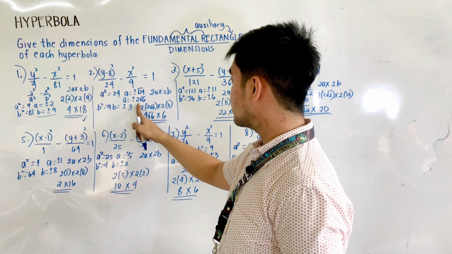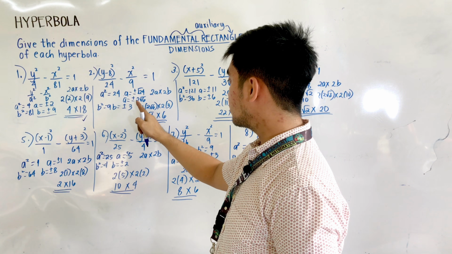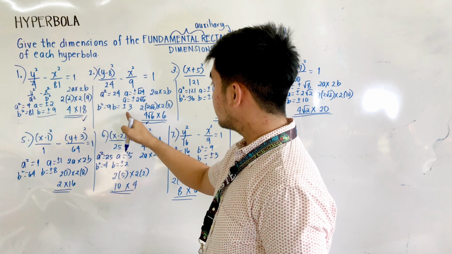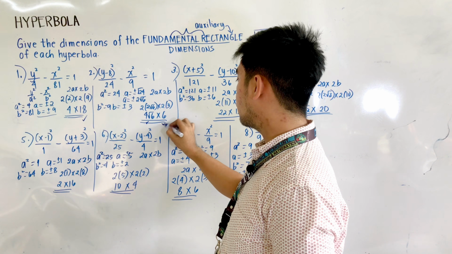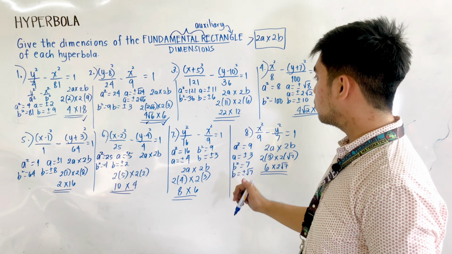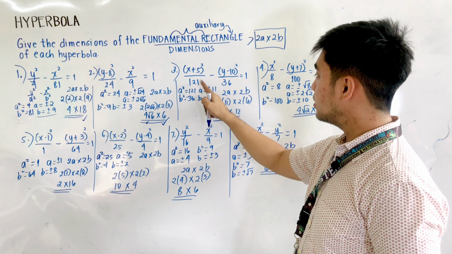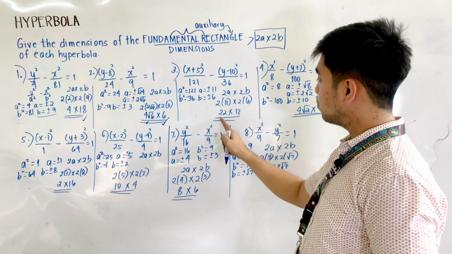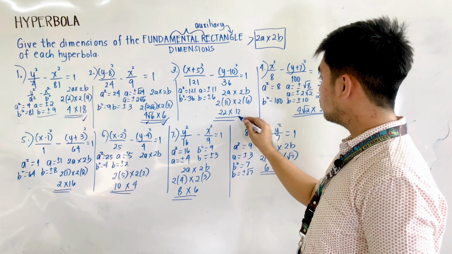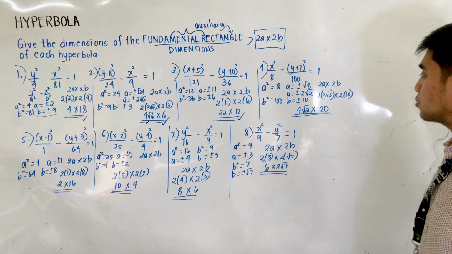Okay, 2 square root of 6. Therefore, that is 2 times 2 square root of 6, which is 4 square root of 6. b is 3. 2 times 3 is 6. Therefore, that is correct. For this one, we have 2a by 2b. Square root of 121 is 11, times 2 is 22. Square root of 36 is 6, times 2 is 12. Therefore, that would be the dimension.